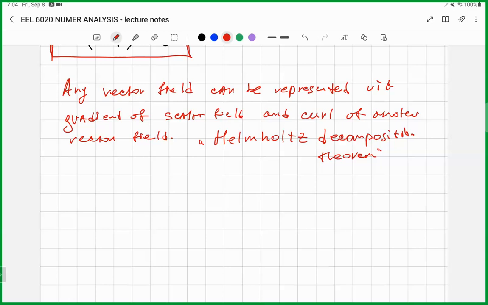And so this is in agreement with this Helmholtz decomposition theorem. So we decompose the electromagnetic field in electric field, which is gradient, and magnetic field, which is curl.